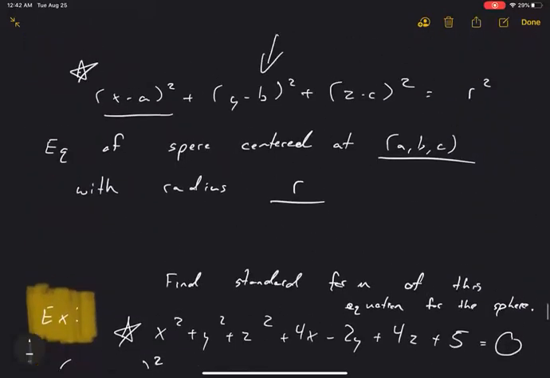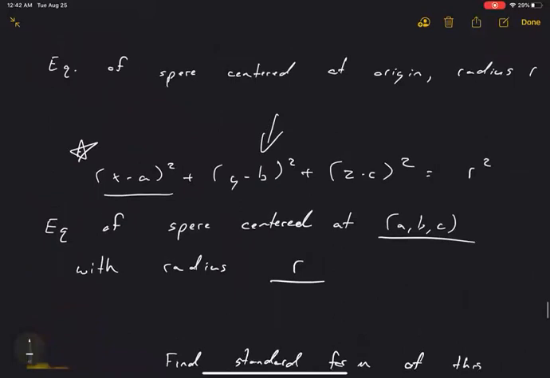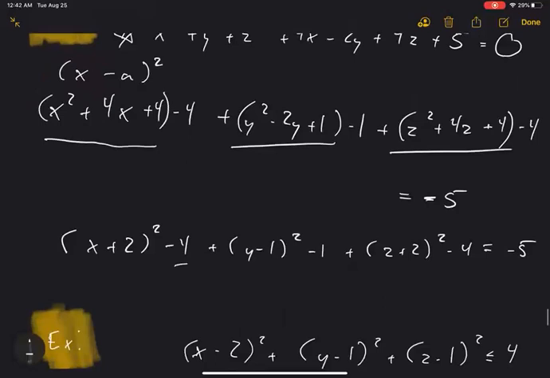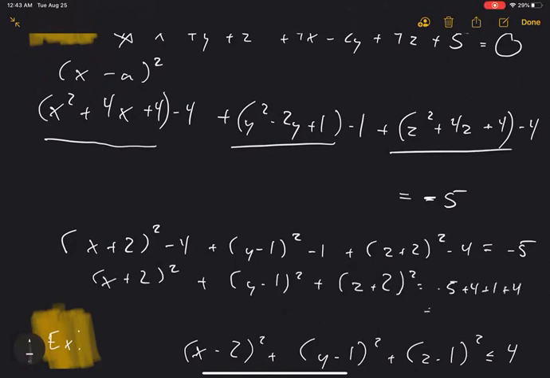Okay, so now this is looking a lot like my standard form of my equation. The only problem is I got some extra numbers on this left side. So let's just move them all to the right side. Let's see, negative 5 plus 4 plus 1 plus 4, right?